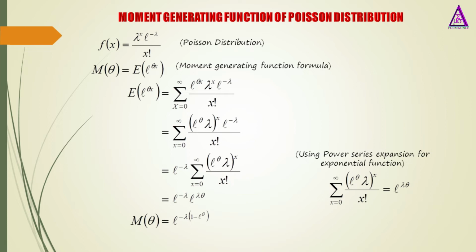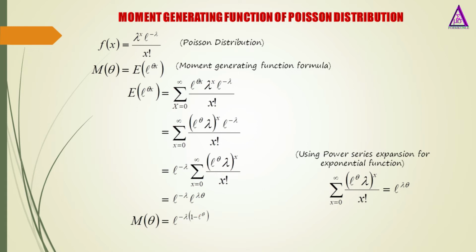And by using power series expansion for the exponential function, from there we see that summation x ranging from 0 to infinity into the bracket exponential raised to power theta lambda close the bracket all raised to power x divided by x factorial equals exponential raised to power lambda theta. So therefore we represent everything here by exponential raised to power lambda theta, and this is the equation we obtain.